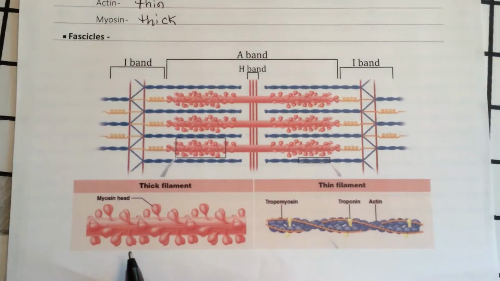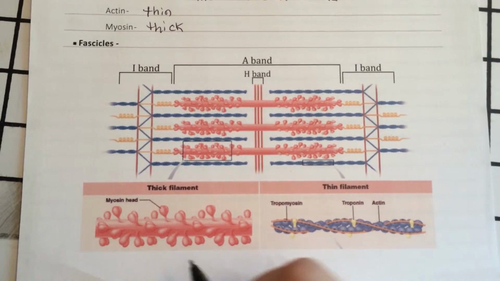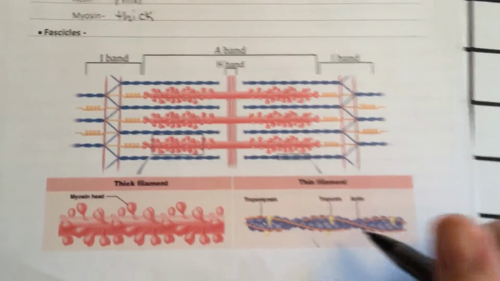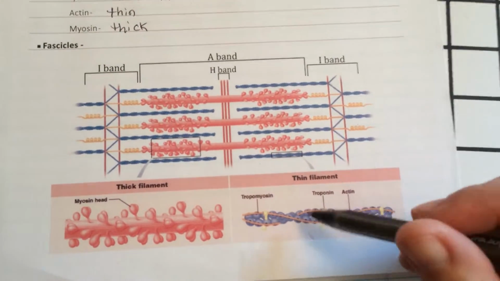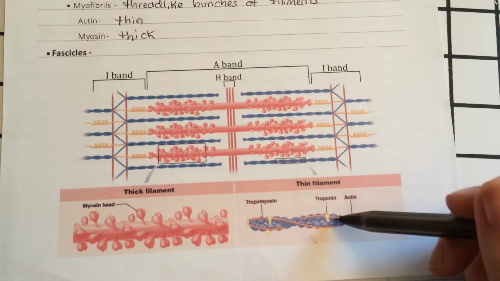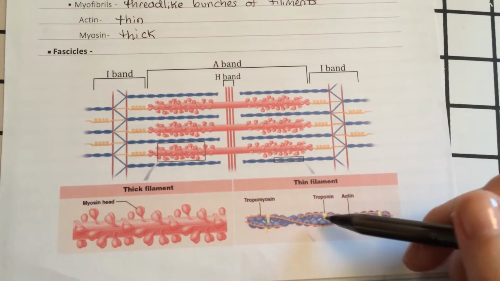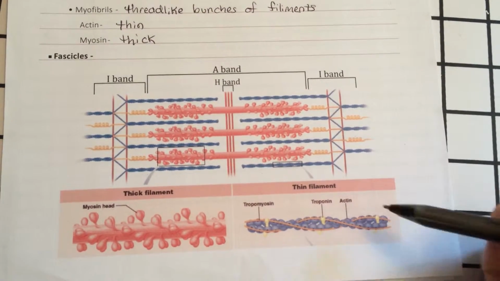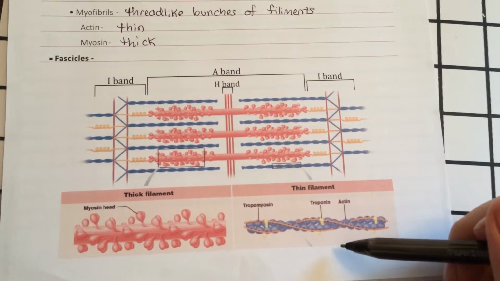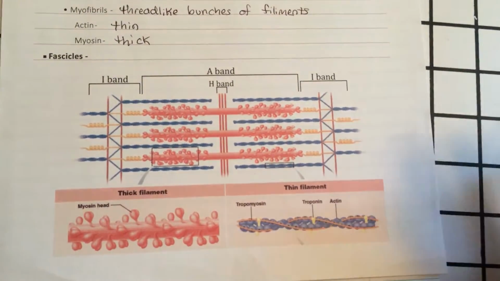So we can see down here, myosin, that contains the myosin head, is the thick filaments. The actin is the thin filaments, and that's where it has the tropomyosin and the troponin on it to release the binding sites.